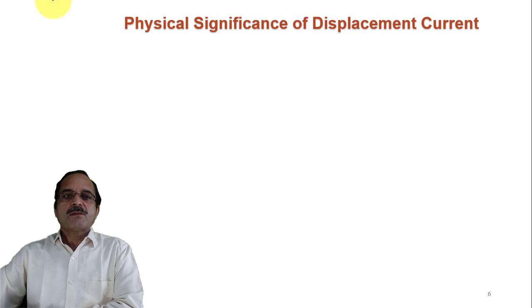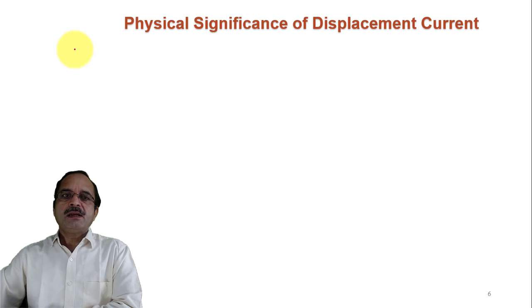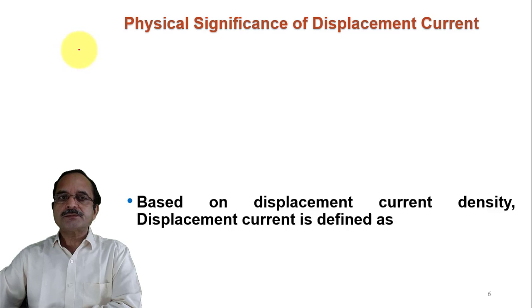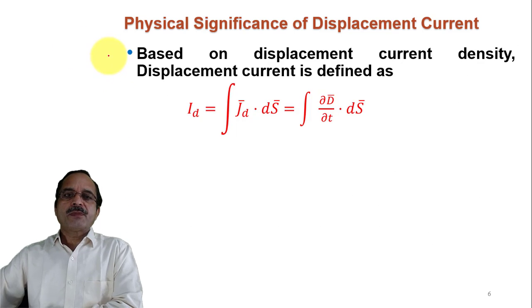Now, having knowledge of the equations of displacement current density, let us see what is the physical significance of this displacement current. Because displacement current density is in ampere per meter square, if we take the dot product of displacement current density over the given surface and integrate it, we will get the total displacement current flowing through that particular surface.